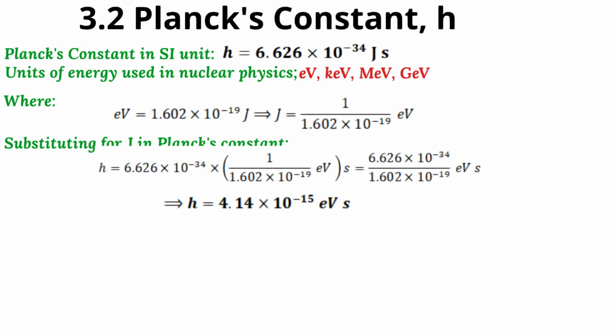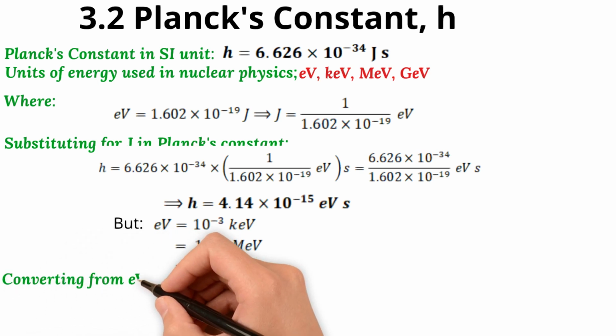So this gives us the expression of Planck constant in terms of electron volt seconds. We can equally express it in mega electron volt seconds, kilo electron volt seconds, and so on, by using the relationship between electron volt and its derivatives.